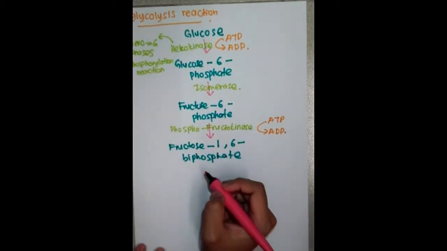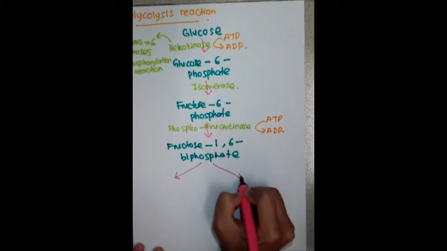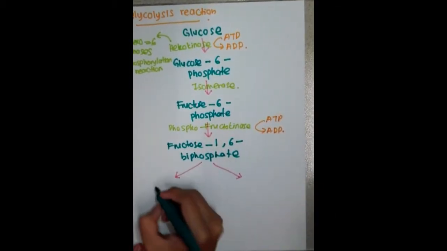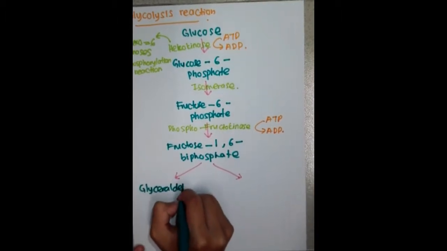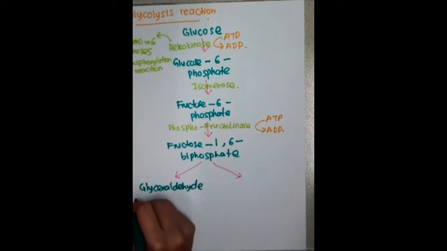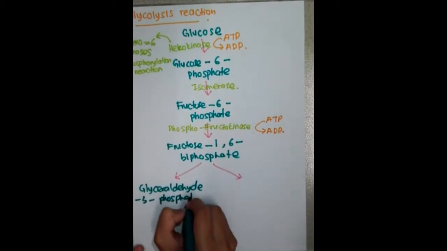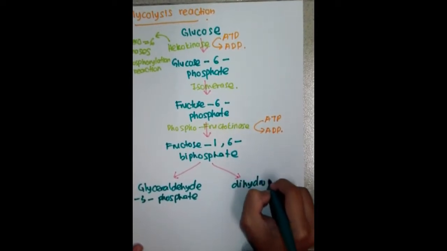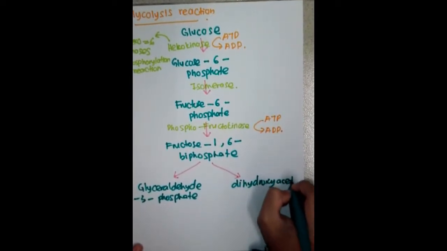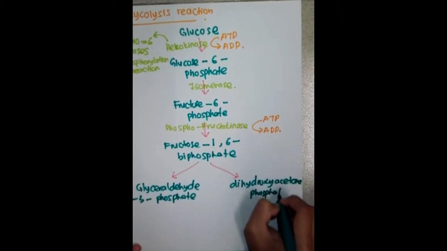Fructose 1,6-biphosphate is split into two molecules, which are glyceraldehyde 3-phosphate and dihydroxyacetone phosphate. These both are 3-carbon compounds.